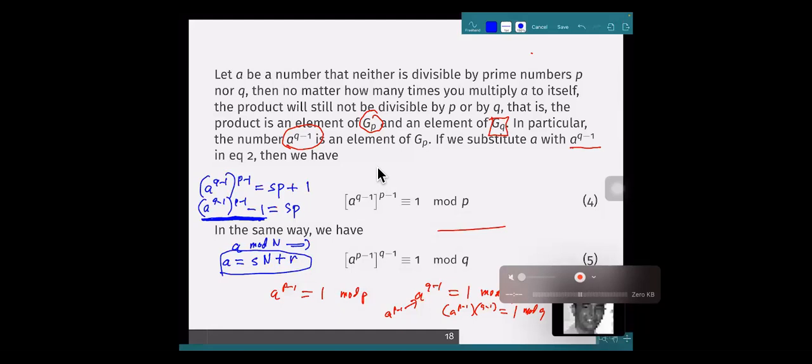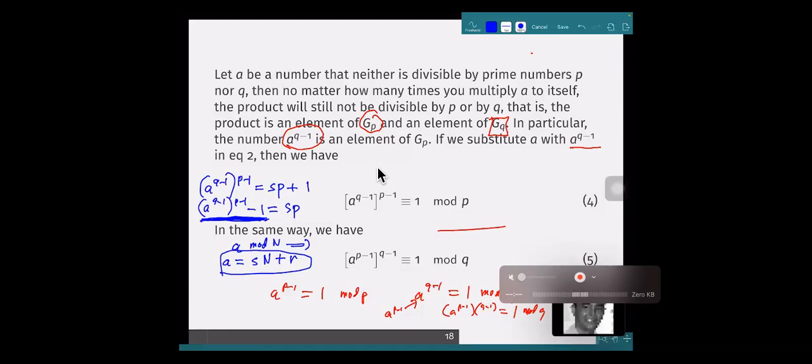Why is this thing divisible by p? Because this thing is nothing but sp. Since sp is a product of s and p, it means that it's divisible by p, which means you can divide it evenly without any remainder. So this one is divisible by p.